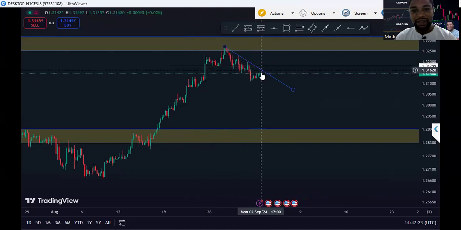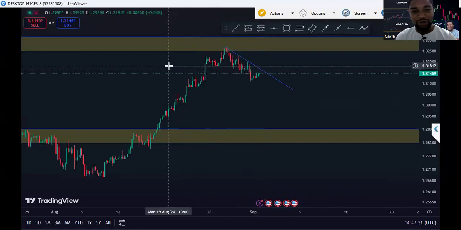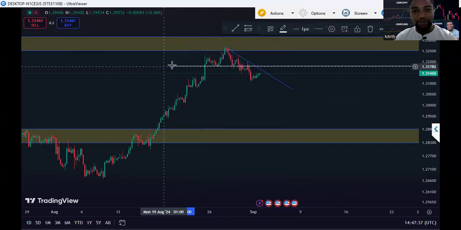If I see a retest of this trend line that is here, I don't want to see a break of this line. I will just draw my rail a little bit closer.